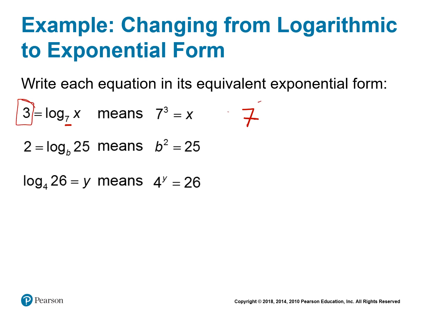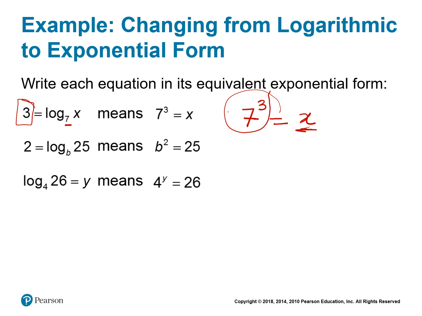So we are going to make 3 the exponent of the base, which is 7, then the equal sign, and the x is going to go on the other side because x is the evaluated value of the exponential expression. All right, so 7 cubed equals x. So x will be a value which is 7 times 7 times 7.